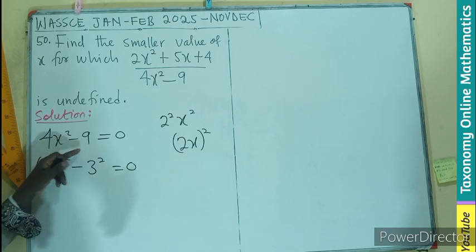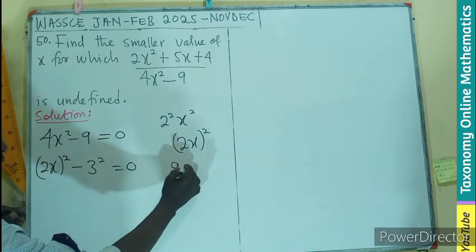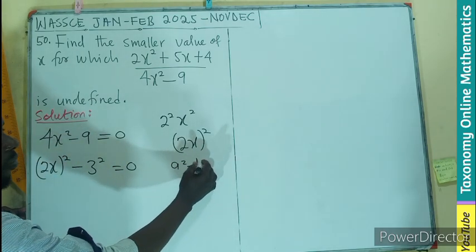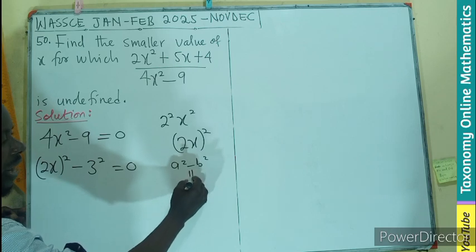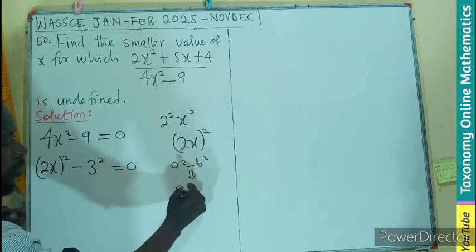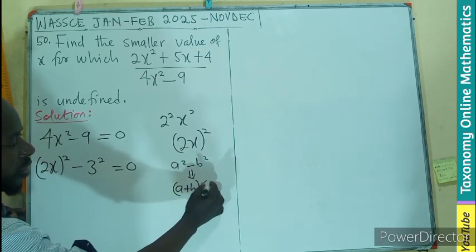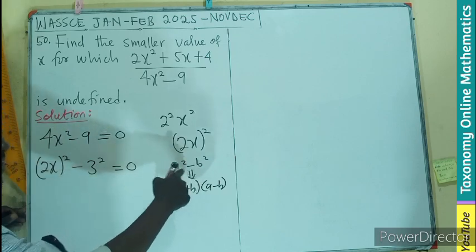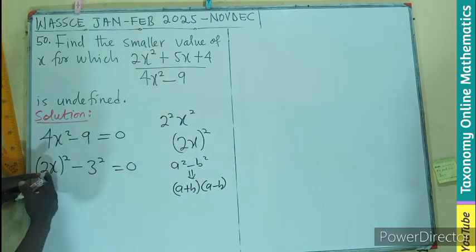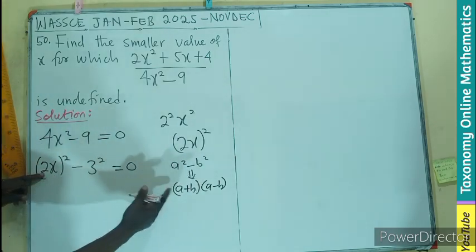This gives us 9. And this will give you a squared minus b squared, which gives us (a plus b)(a minus b). That is a difference of two squares. So I'm seeing the 2x as my a.